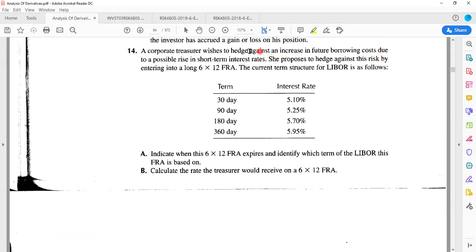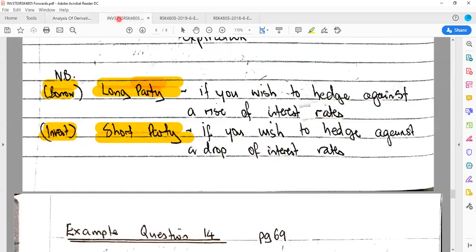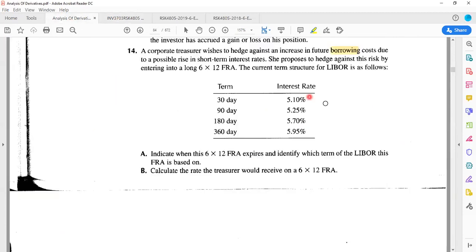So they want to borrow. And remember, I just said if you want to hedge against borrowing, you should be the long party. Due to a possible rise in short-term interest rates, she proposes to hedge this risk by entering into a long position in a 6x12 FRA.